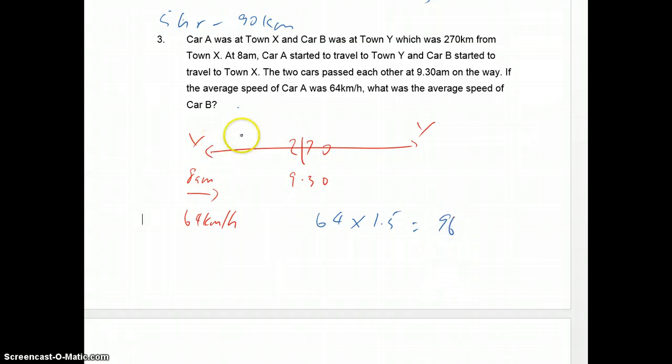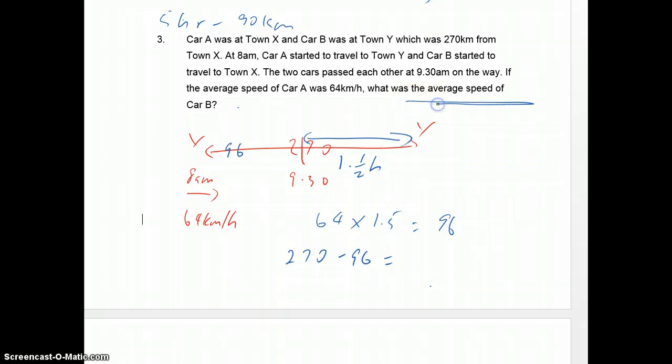So from here to here the distance is 96. Afterwards, we take 270 minus 96 to get the distance between here and here. And since we know that it's also 1.5 hours, we will be able to find the average speed easily.